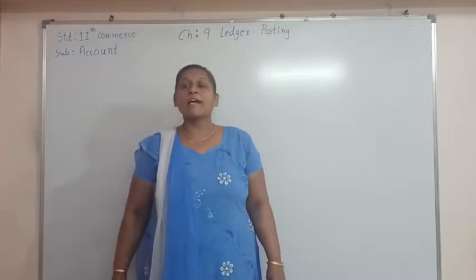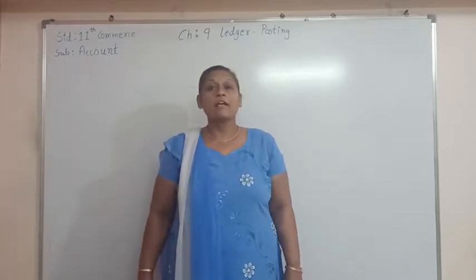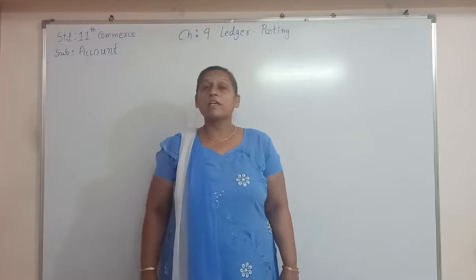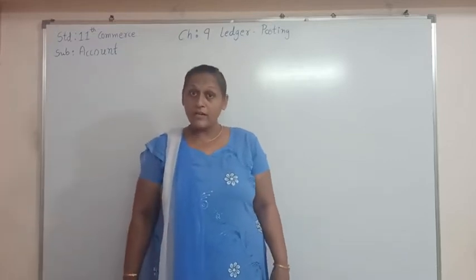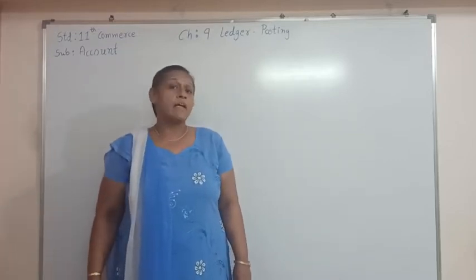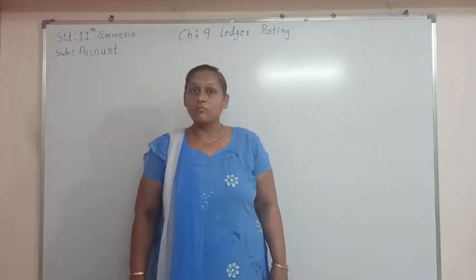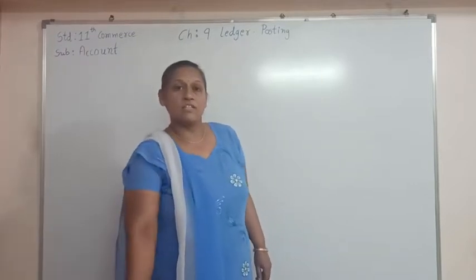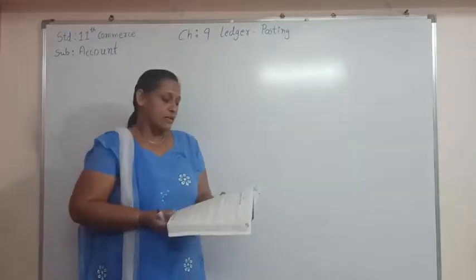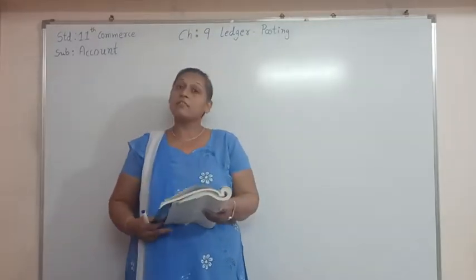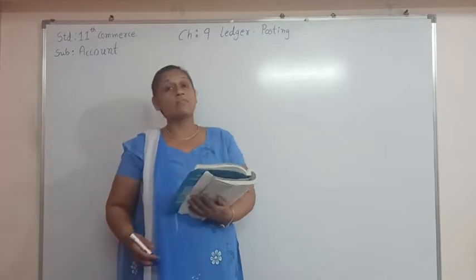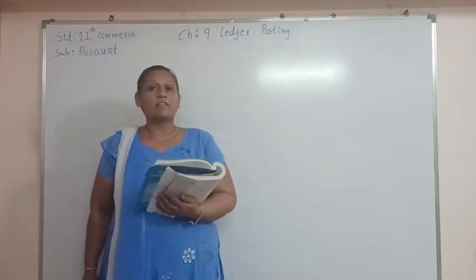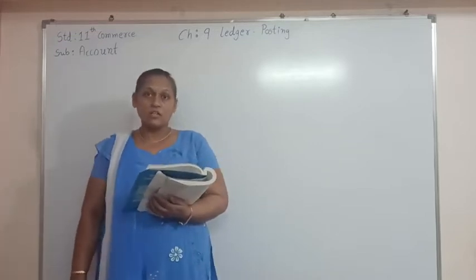So this is the next step of the accounting, and today we are going to see the meaning of ledger, meaning of account, and utility of the account. So let's see the meaning of ledger. As we know, in the business we have to make different types of transactions that we are recording in the journal.